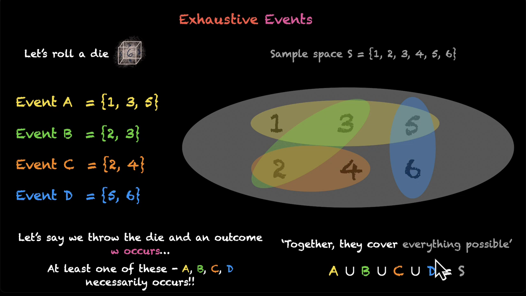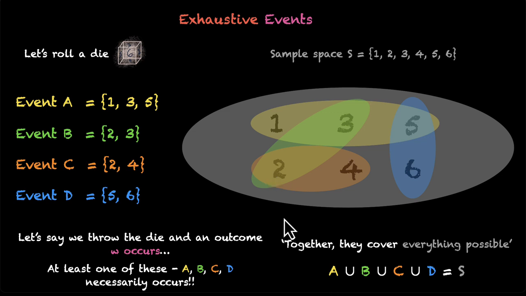In set notation, A union B union C union D, the union of all 4 of these sets, is the entire sample space. This is what we mean by exhaustive events. The word exhaustive is here because together all 4 of them have exhausted the entire sample space. They've exhausted all possible options.